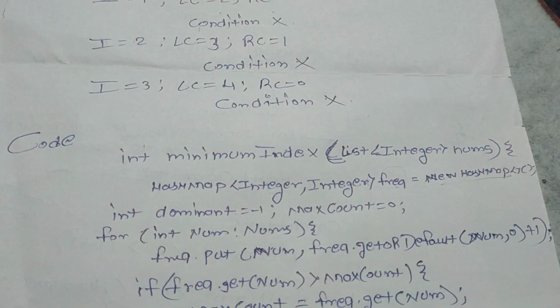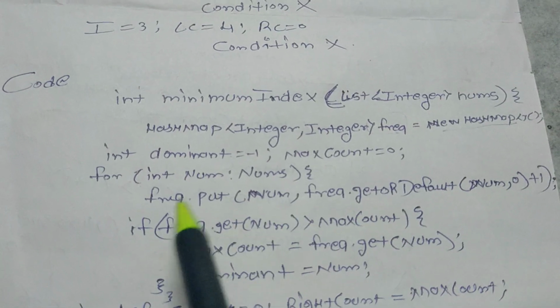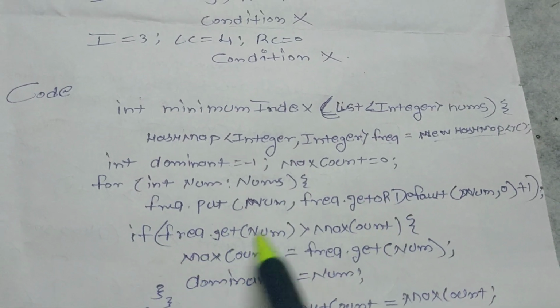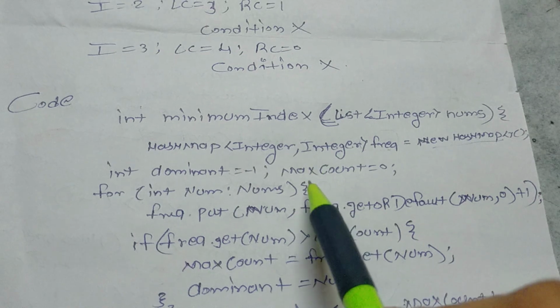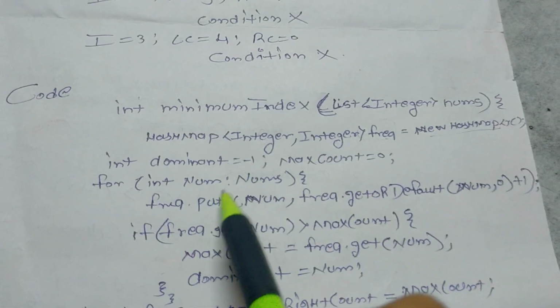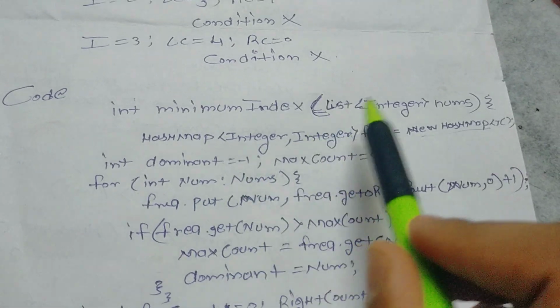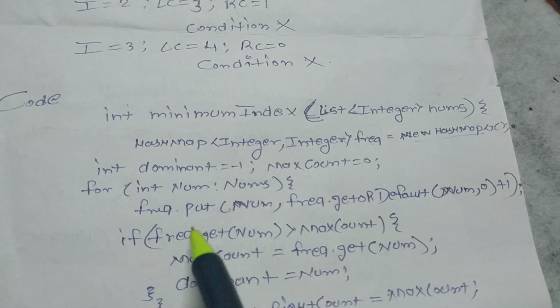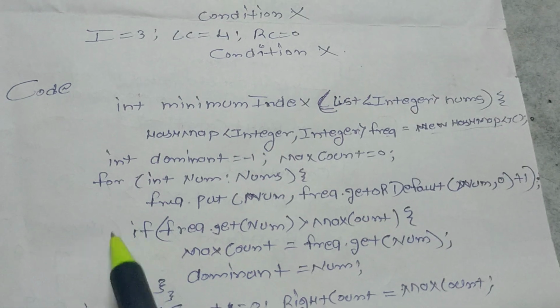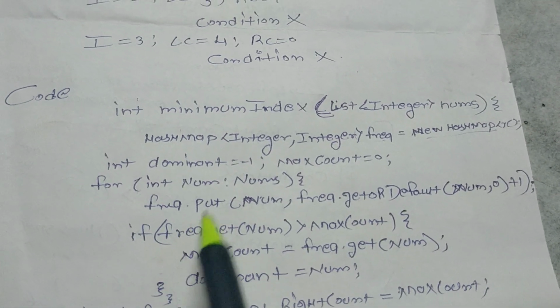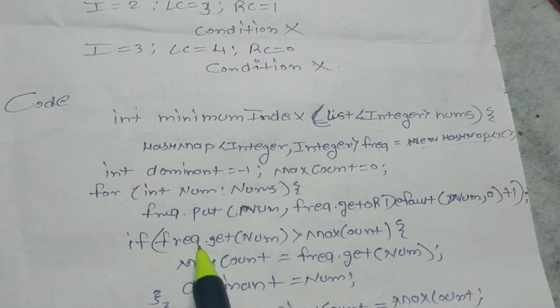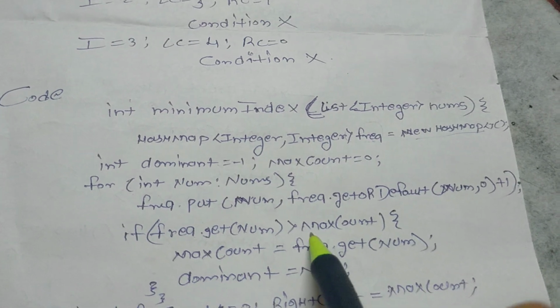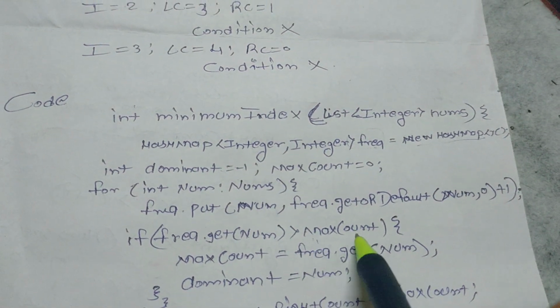After that I run a loop to find the dominant element and the max count. So take one element from the list and put it in the frequency hash map, and check whether the current element is dominant, meaning its occurrence is greater than the max count.